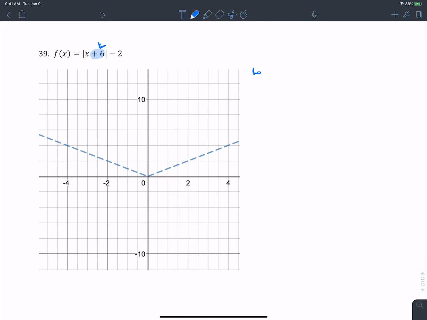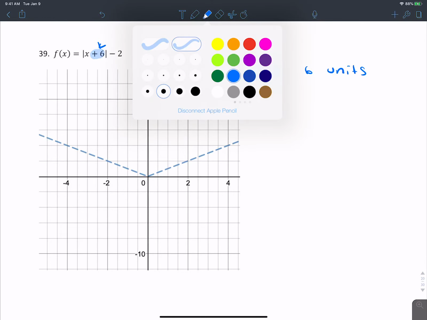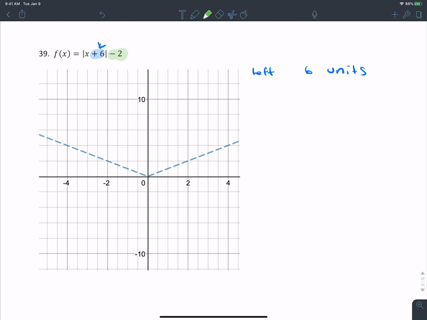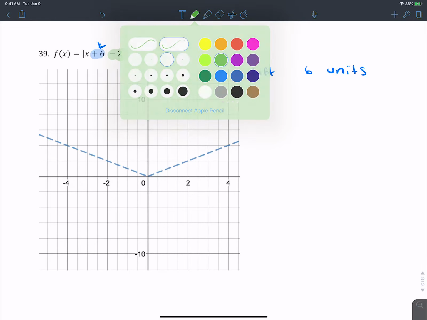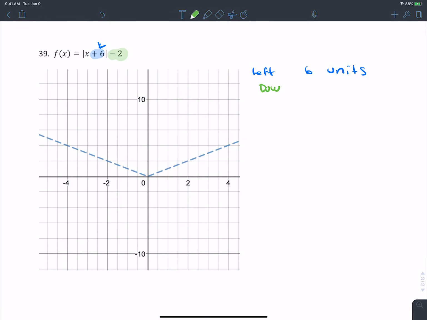That means we shift to the left 6 units, and then we have this minus 2, which means we shift down 2 units. So to the left 6, and now down 2. Okay.